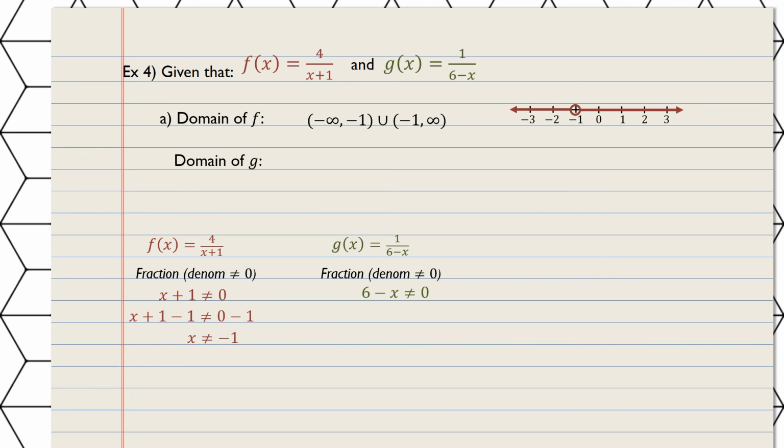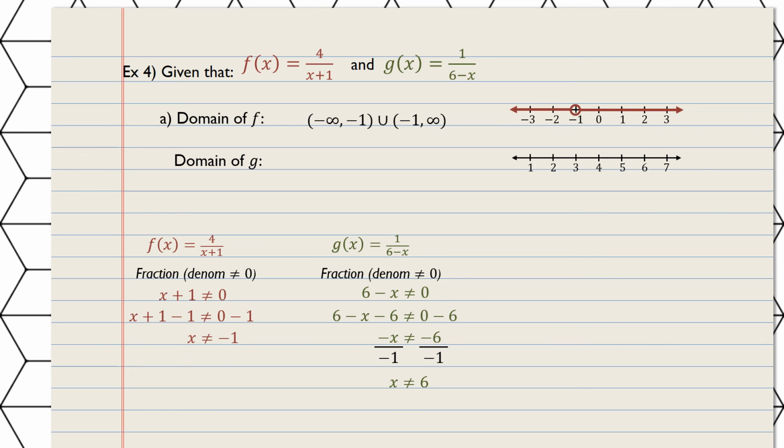Now, to solve for x, you may end up subtracting 6 from both sides. When you do that, that leaves you with not x, but negative x cannot equal negative 6. To isolate x, we need to divide the left side and the right side by negative 1, and we find x cannot equal 6.